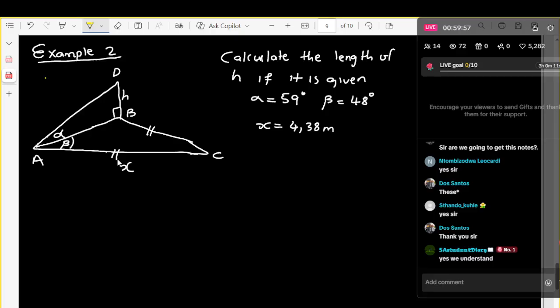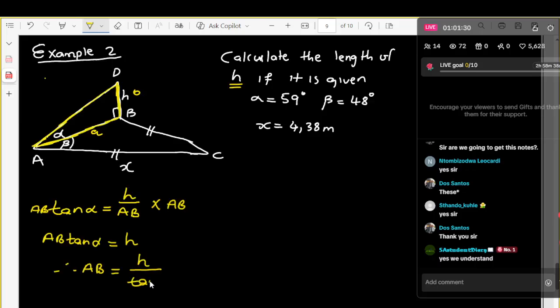Now we can multiply this side by AB, multiply the other side by AB. Therefore we have AB tan alpha equals h. We need to make AB subject of the formula, divide both sides by tan alpha, then you'll get AB to be h over tan alpha.